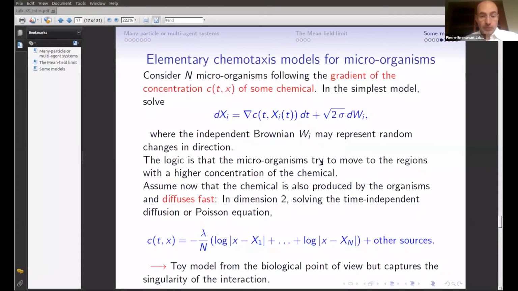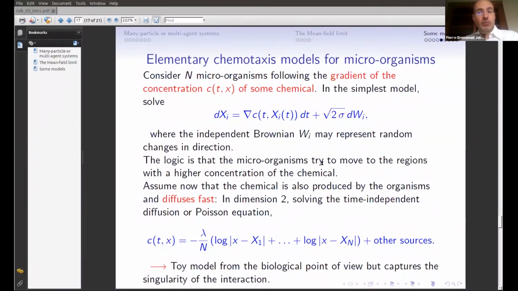And this is, of course, completely a toy model, right? It's not a very serious chemotaxis model in that regard. Well, it has two virtues. One, it probably correctly gives the scaling of the interactions between microorganisms.